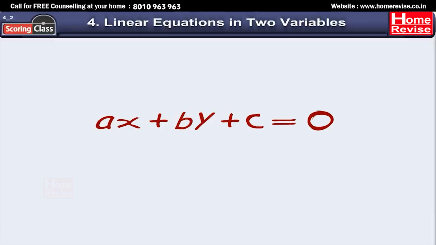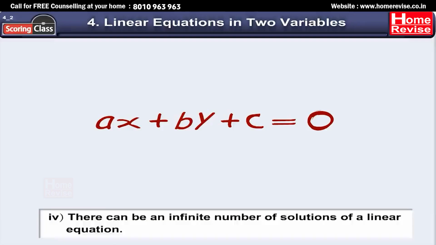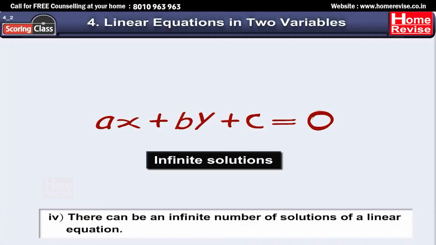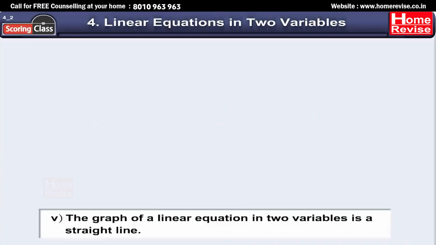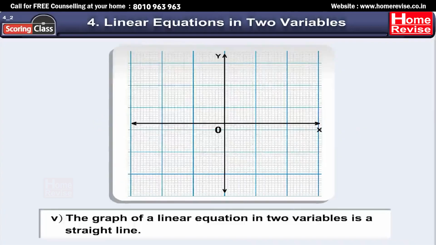Number 4. There can be infinite number of solutions of a linear equation. Number 5. The graph of a linear equation in two variables is a straight line.